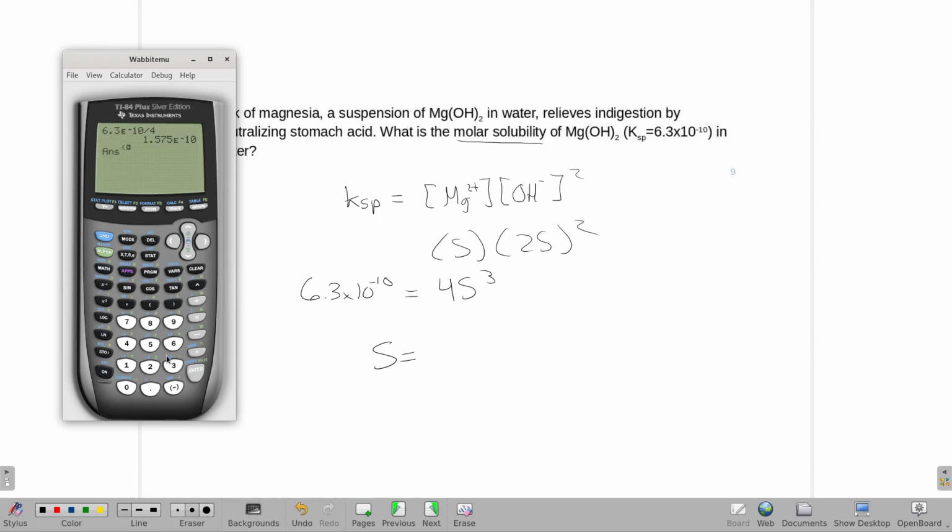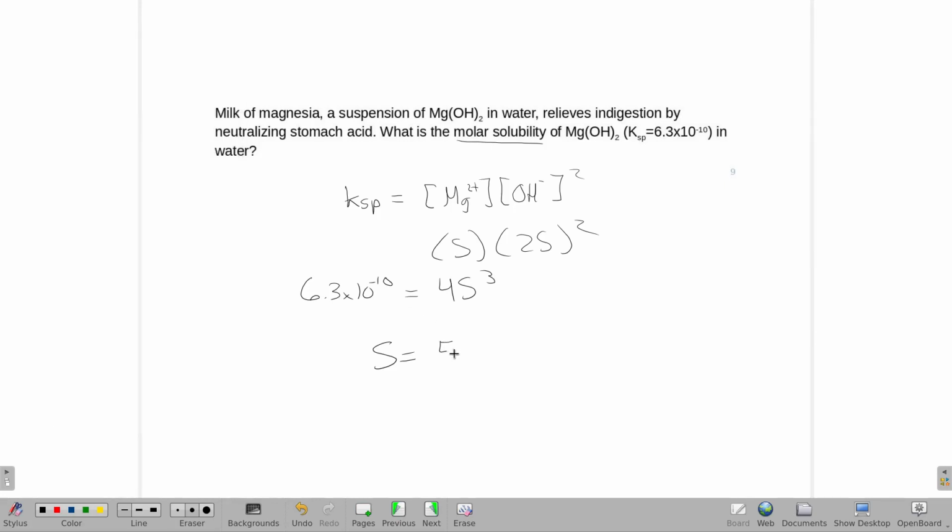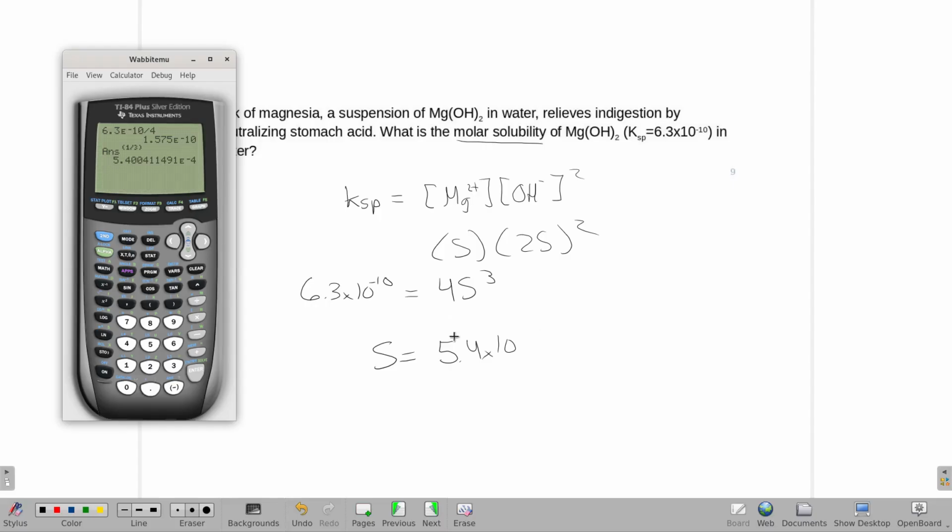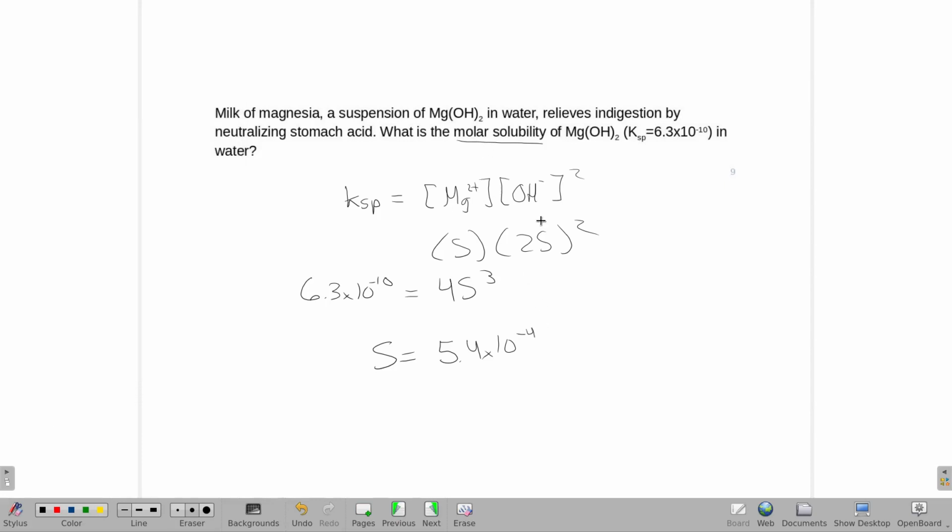I'm just going to raise it to the 1/3 power. I get a molar solubility of 5.4 times 10 to the -4th. And it's molar solubility, so even though Ks don't have units, this gets units of molarity.